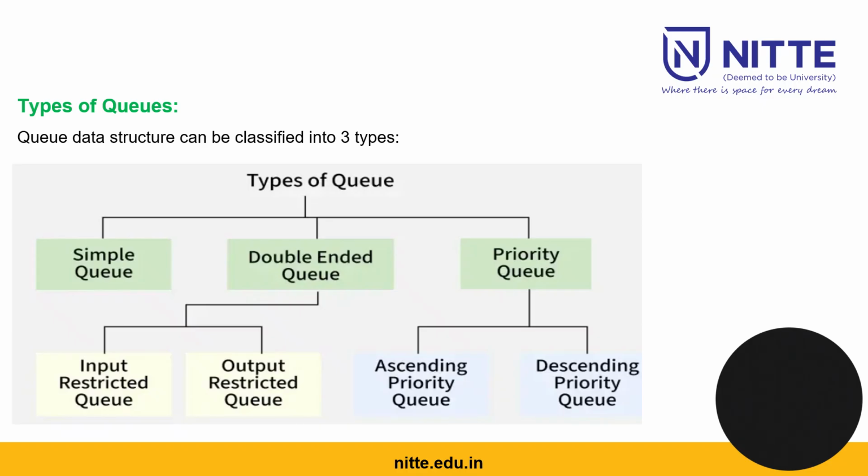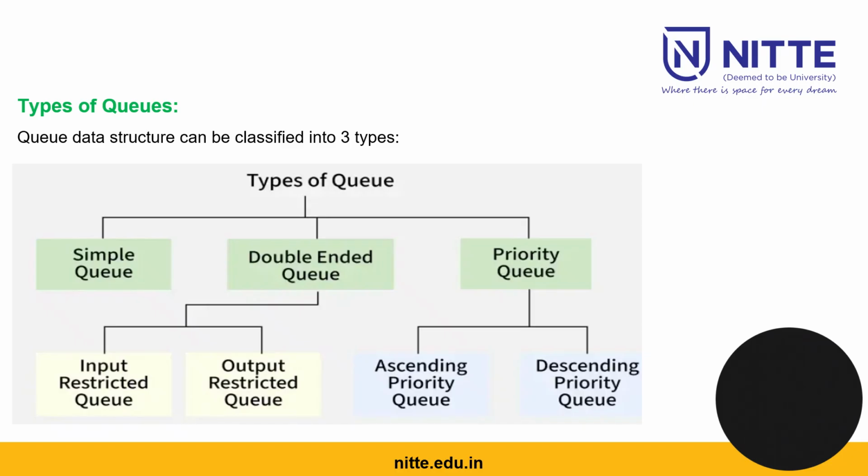Now we will see the different types of queues. Here the queues are classified into three different types. The first one is the simple queue, which we have seen just now. Another type is called the double-ended queue, and the third type is called the priority queue.